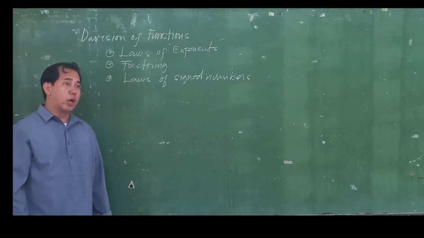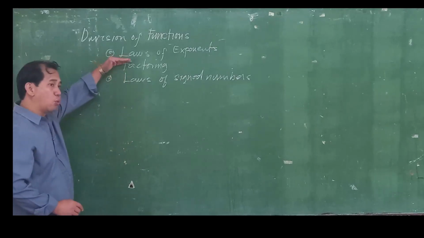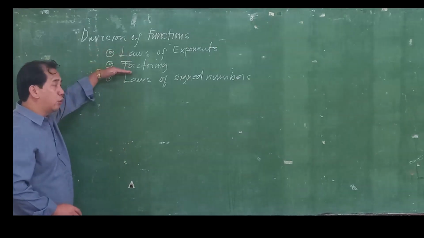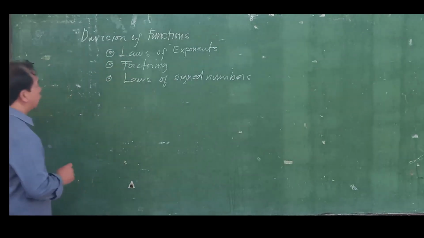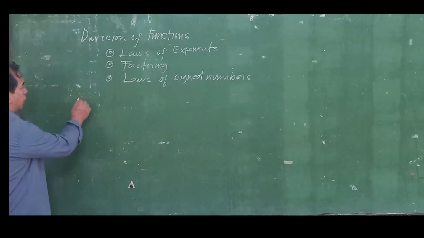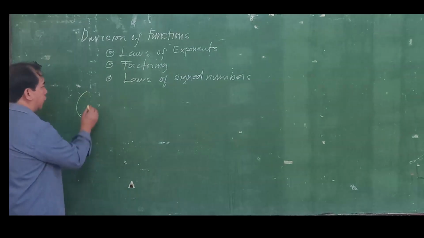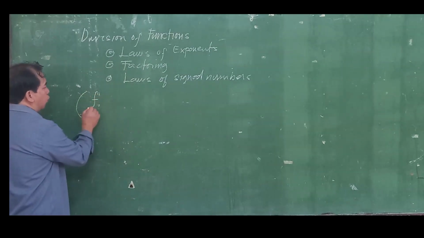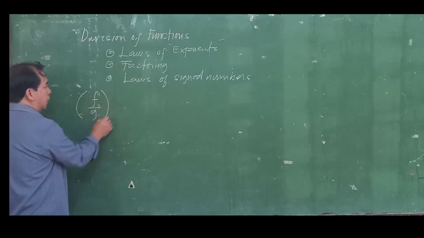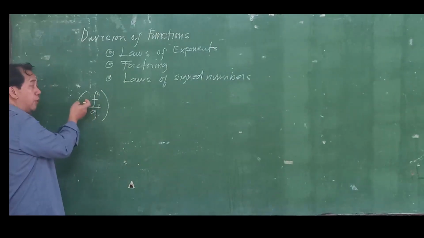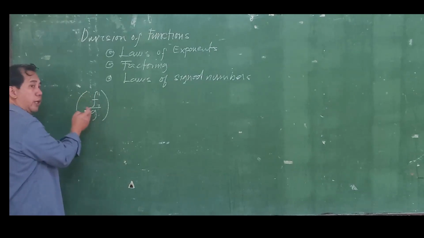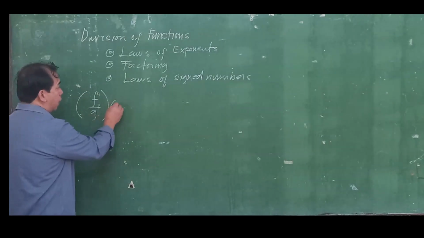Meaning to say, when we divide, we have to recall the laws of exponents, we have to recall factoring, we have to recall the laws of signed numbers. So how do we divide functions? Definitely, we have to recall again the notation. When we are going to divide, we have the notation of functions, that is the quotient of f function and g function of x.